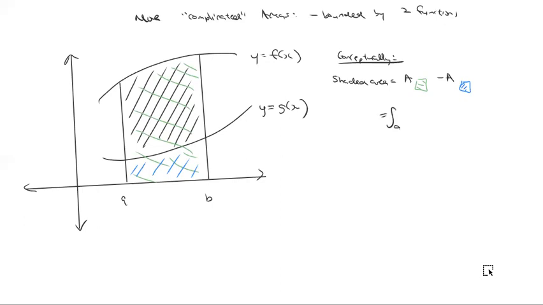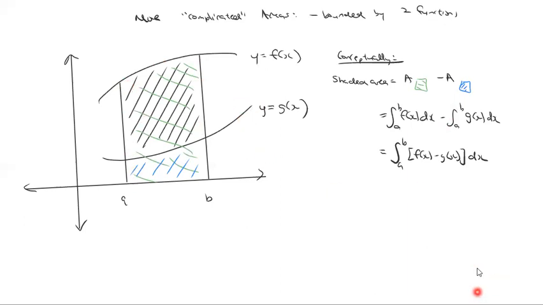Because that's just the integral from a to b of f of x dx minus the integral from a to b of g of x dx. And because a and b are the same, you can actually put them together. Does that make sense? Good.